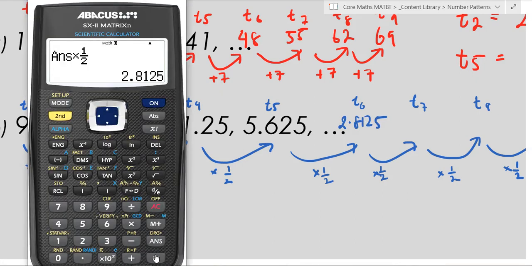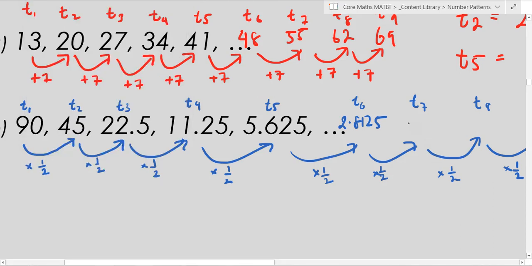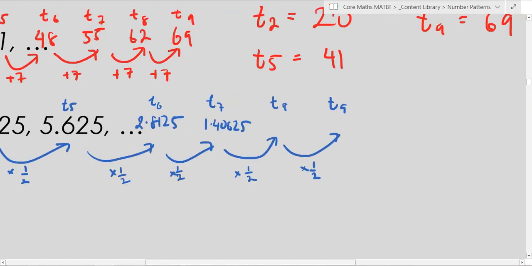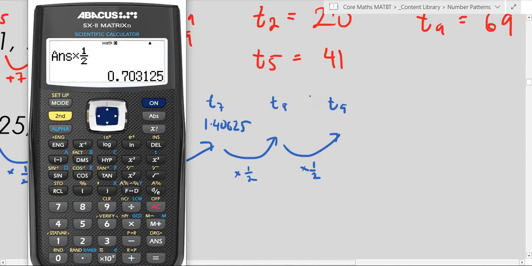Okay. Next term, 1.40625. Okay, you can see the decimals here getting quite large. Next one, 0.703125.